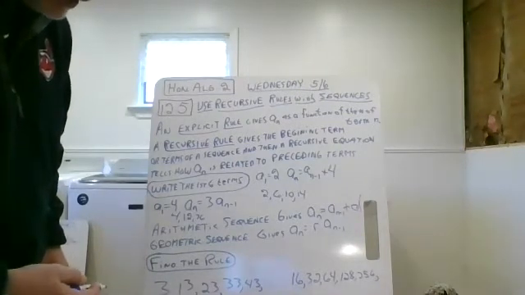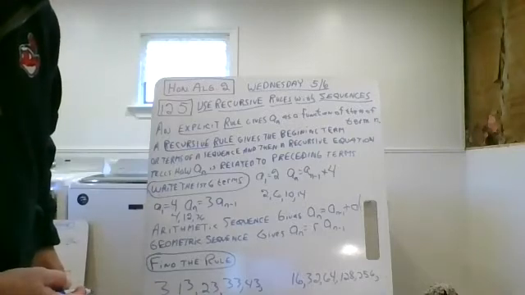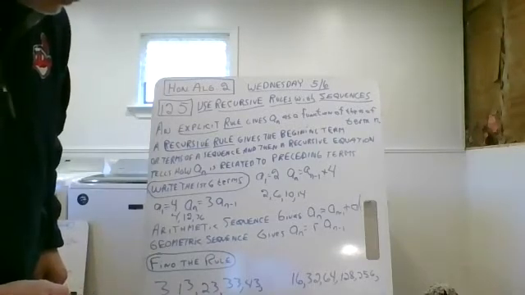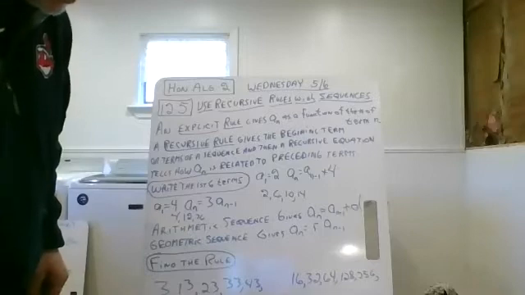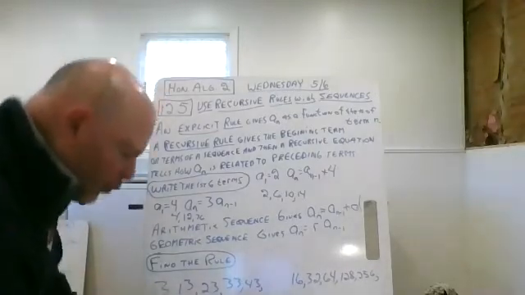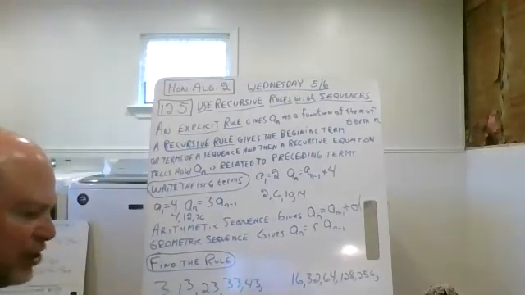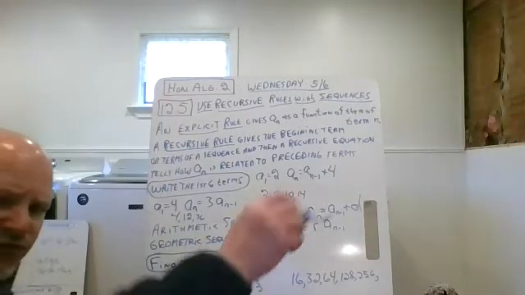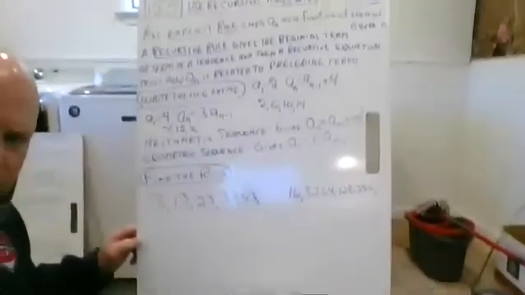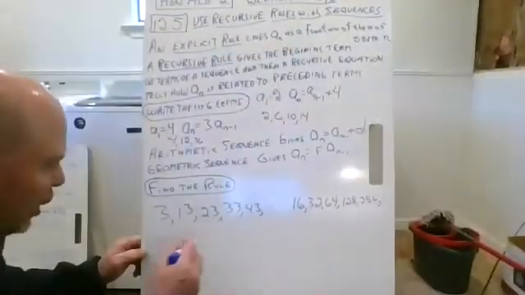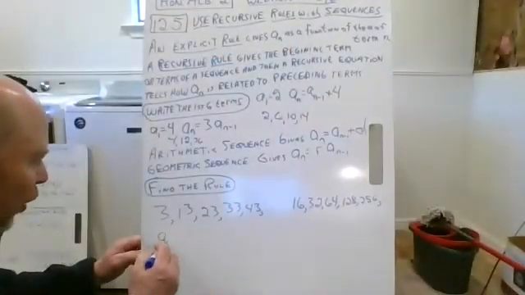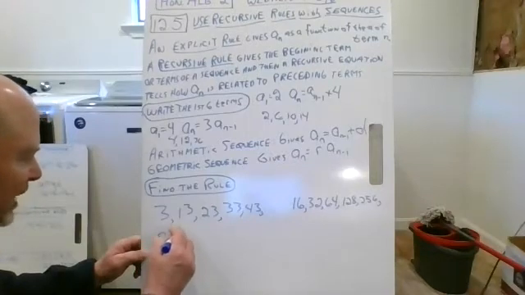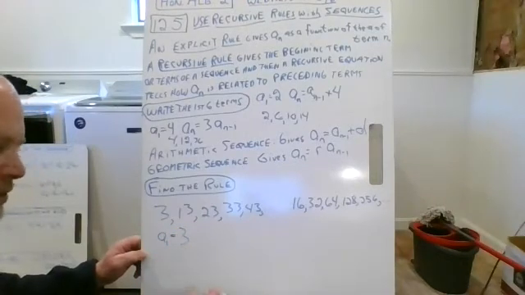It's arithmetic with common difference what? 10. And so now we want to write the term generator. So when you write a recursion formula, you start with saying what a sub 1 is. So a sub 1 is 3.